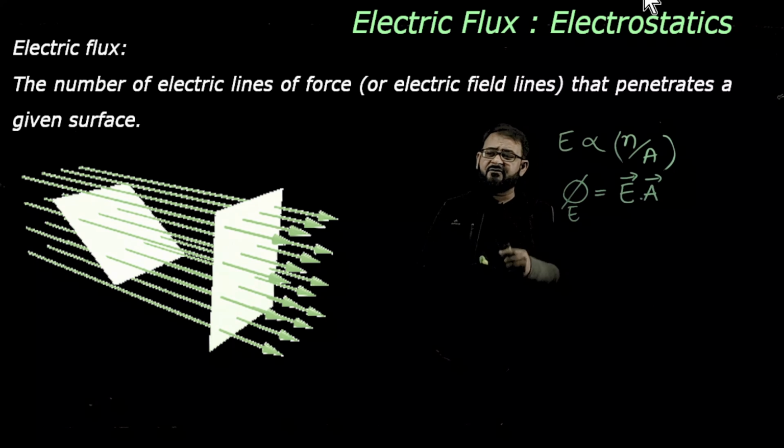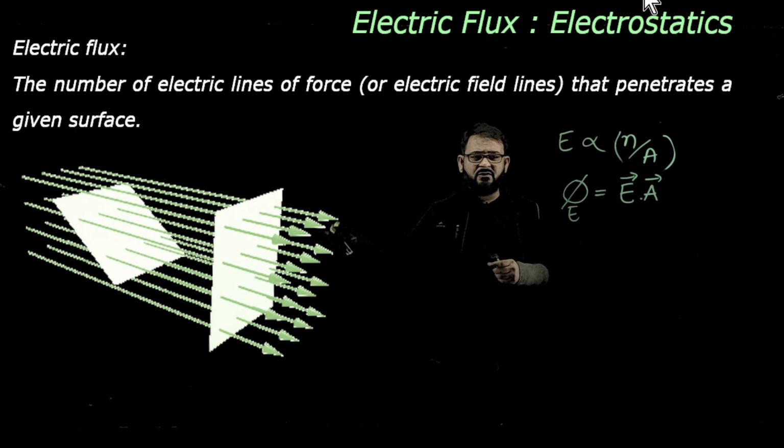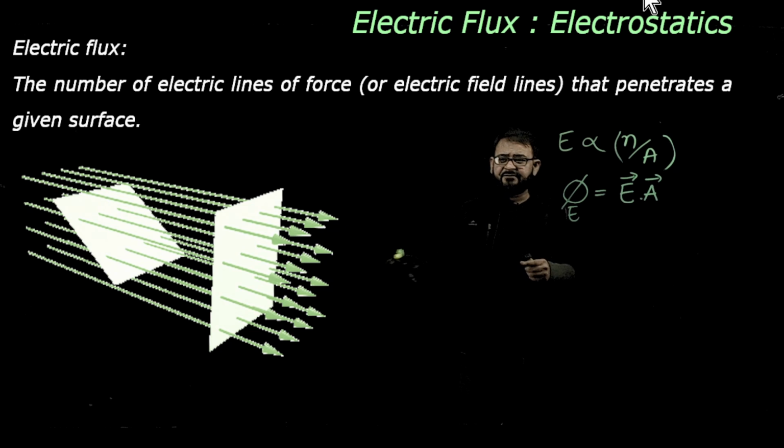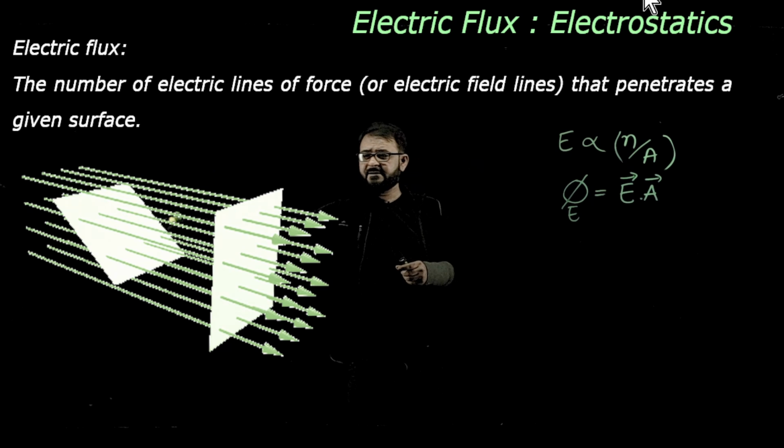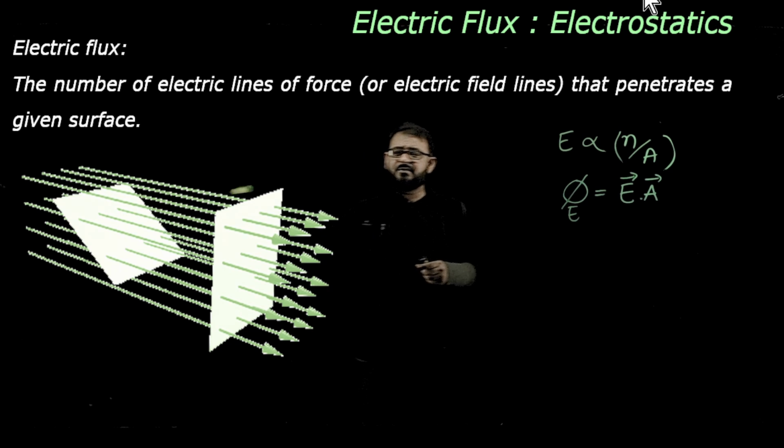What I mean by flux, for example: if we have an electric field and our field line density is uniform, so this is a uniform electric field, and we have two different areas, area first and area second. Depending upon the orientation of the area, our flux changes.